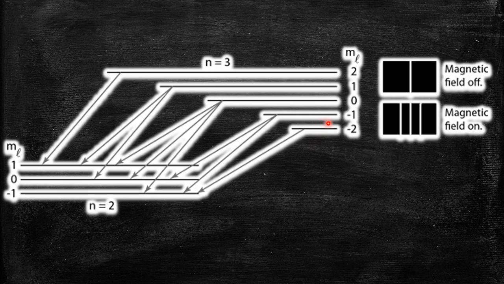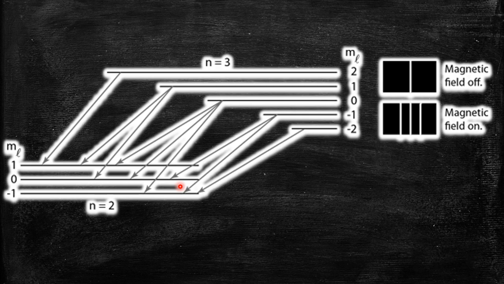But if ml is equal to 1, it has two possibilities: it can move to 0 or 1. If ml is equal to 0, it has three possibilities: to move to 1, 0 or -1. If ml is equal to -1, it has two possibilities: it can move to -1 or 0. And if the magnetic quantum number is equal to -2, it can reduce its energy level to -1.